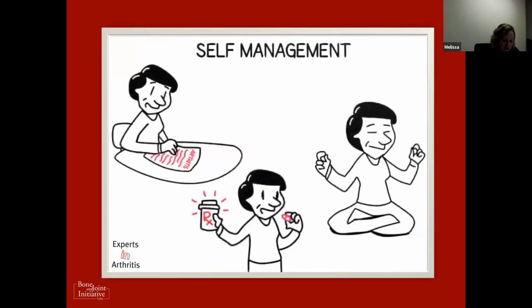So some self-management here is better understanding the disease, which we talked about a little while ago. Managing pain, where daily tasks can become hard for us to do. We're used to being able to vacuum and clean or cook a meal.